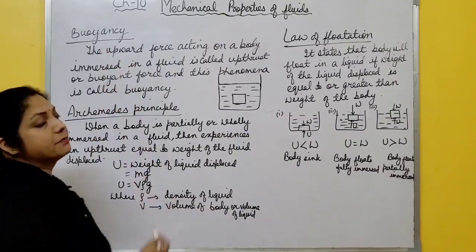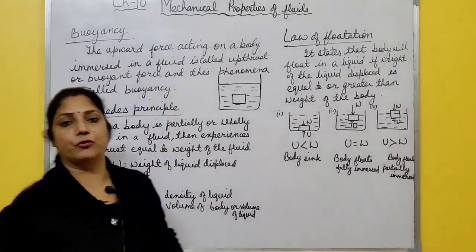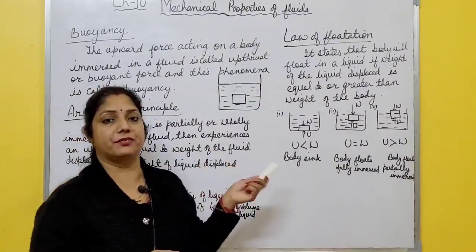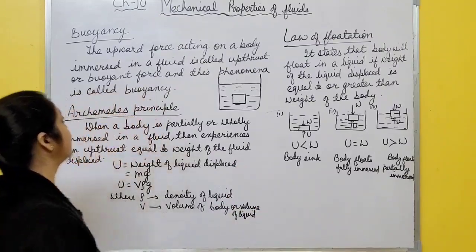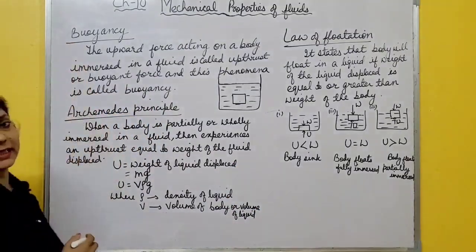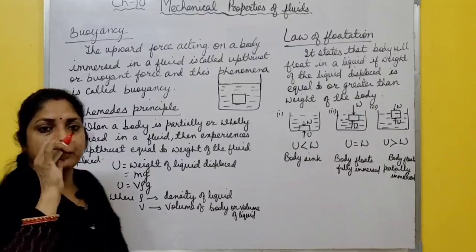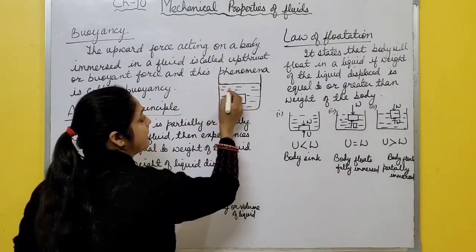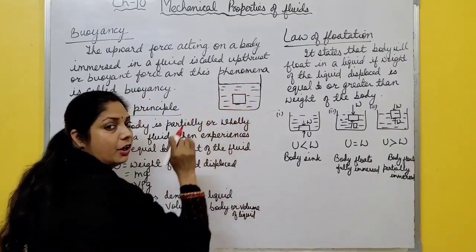Now the next topic is buoyancy, then Archimedes principle, law of flotation. Actually this topic is deleted for this year, but I am still going to discuss it because it is very important for other exams also. Let us first discuss what buoyancy and buoyant force are. When any body is partially or fully immersed in a liquid, suppose this body is fully immersed in this liquid, what happens?